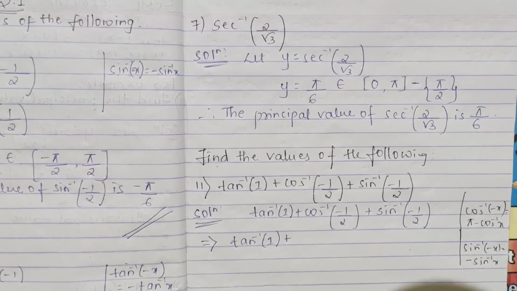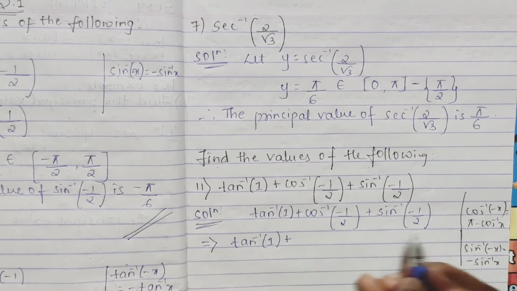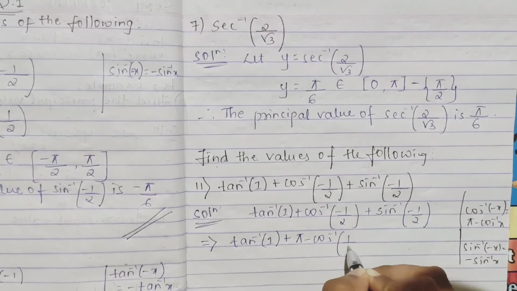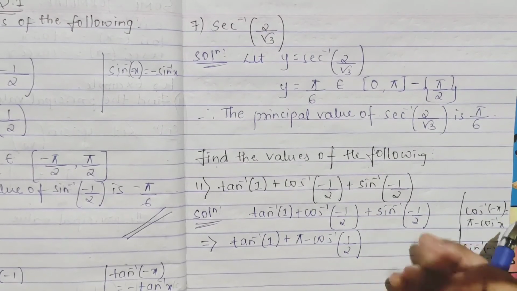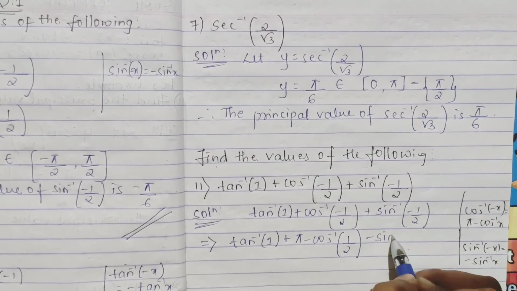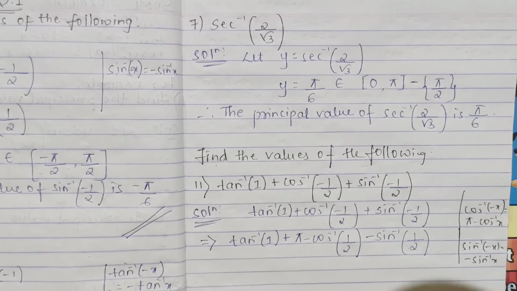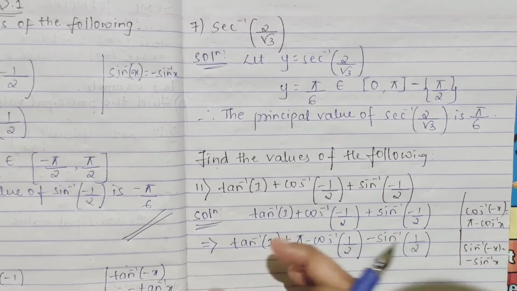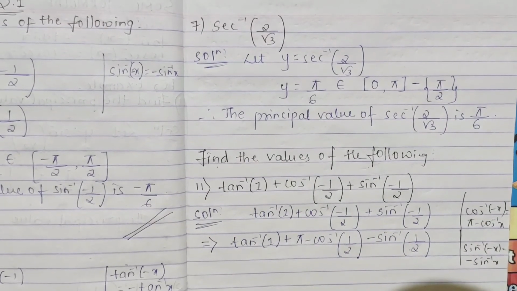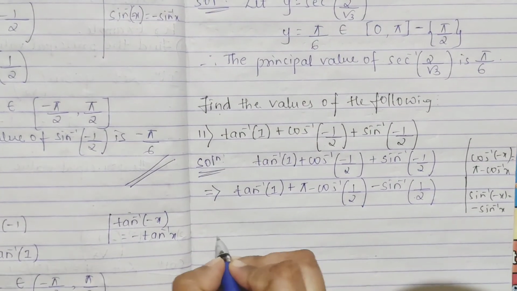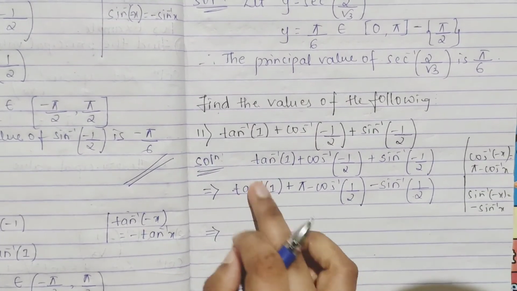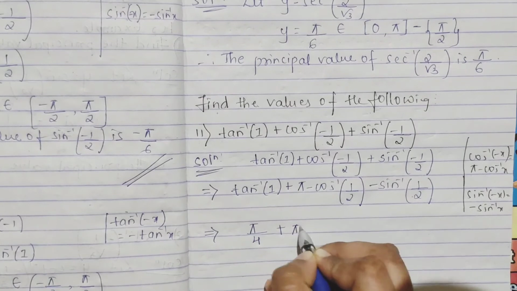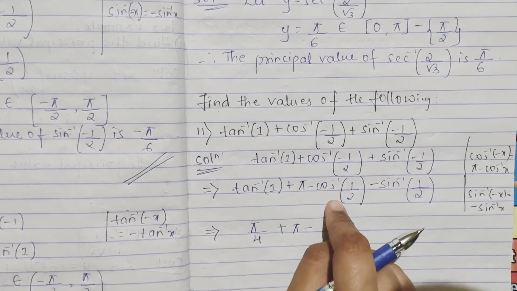So we'll just write that in the formula part. So this becomes pi minus cos inverse of 1 by 2, and sin inverse of minus x becomes minus sin inverse x, okay. So first we'll simplify, and then now it is easy, just substitute the values. So your tan inverse 1, it lies at your 45 degree, that is pi by 4. Here it is pi minus cos inverse 1 by 2.